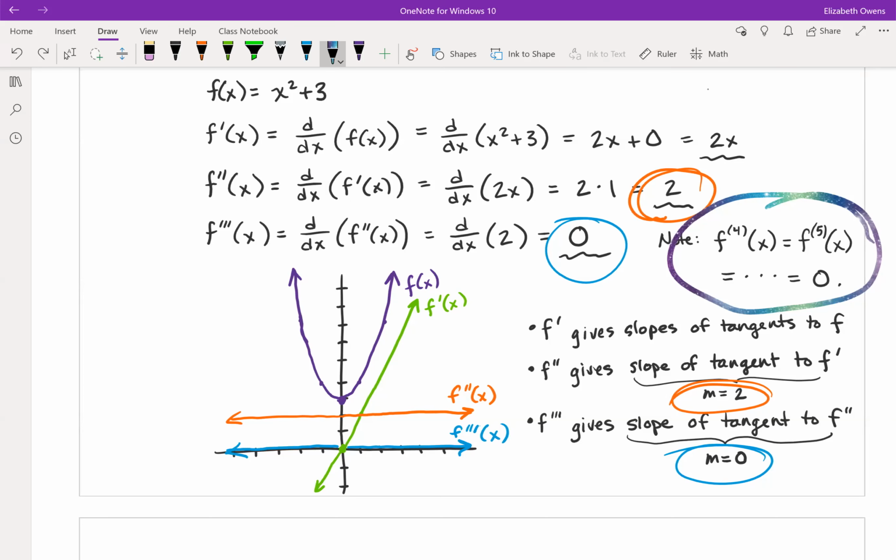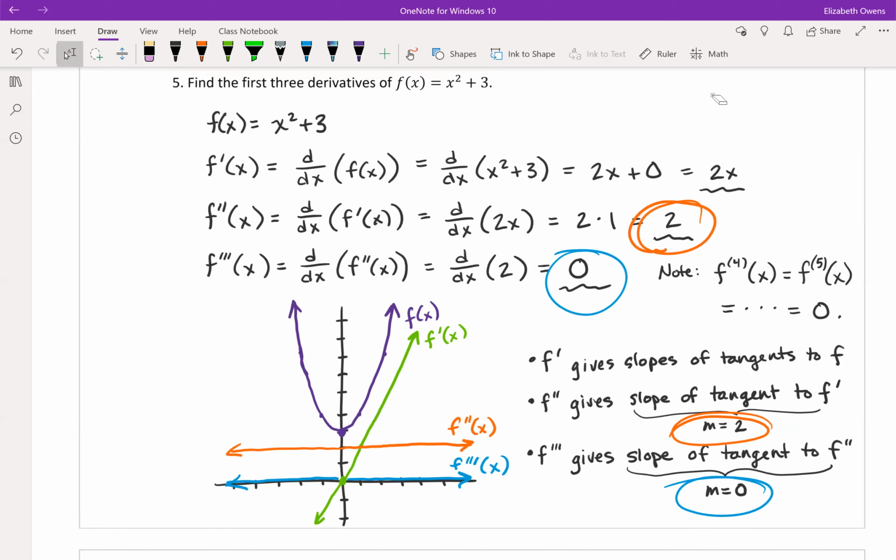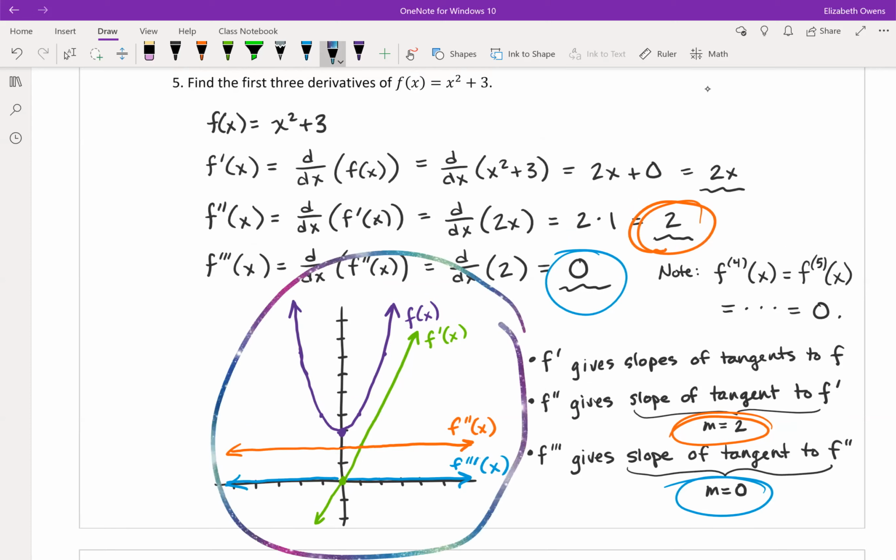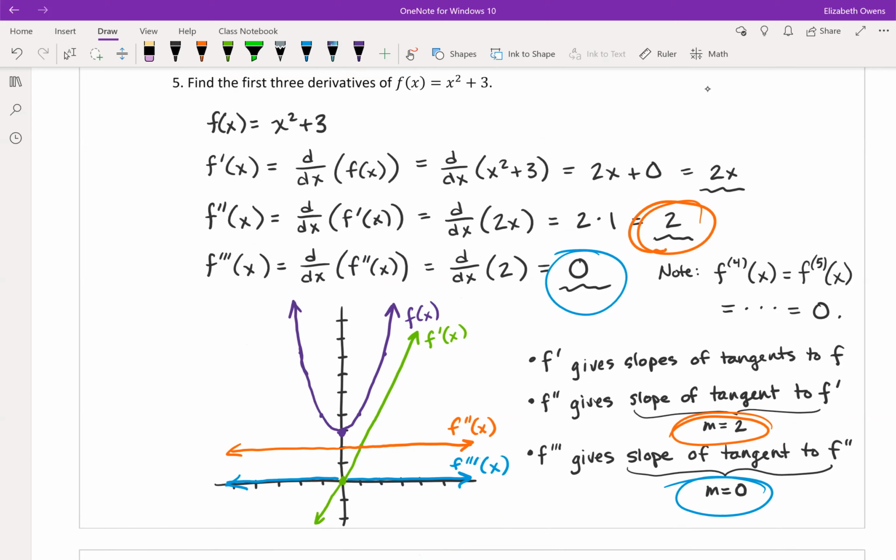The fifth derivative would still be a nice horizontal tangent, slope of 0. And so all the remaining derivatives are just going to equal 0. But that's how we find higher derivatives, and graphically that is the relationship between all of these functions. Each next derivative is just giving the slopes of tangent lines to the previous function or previous derivative.